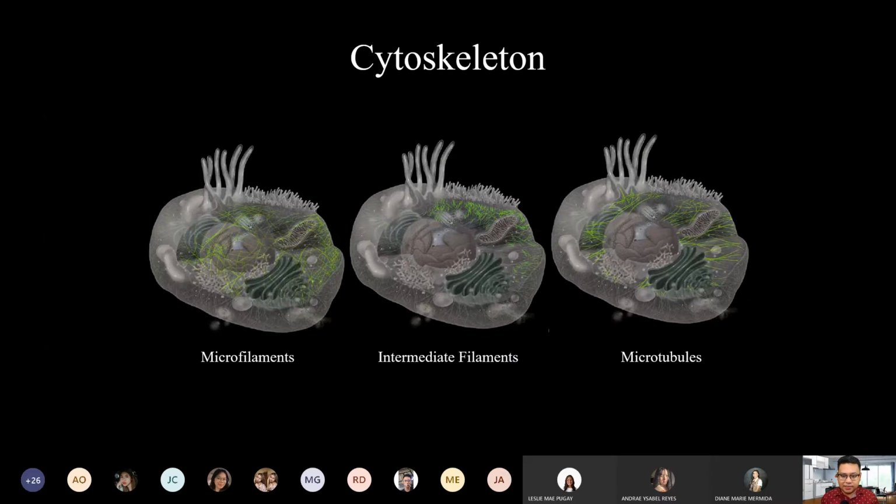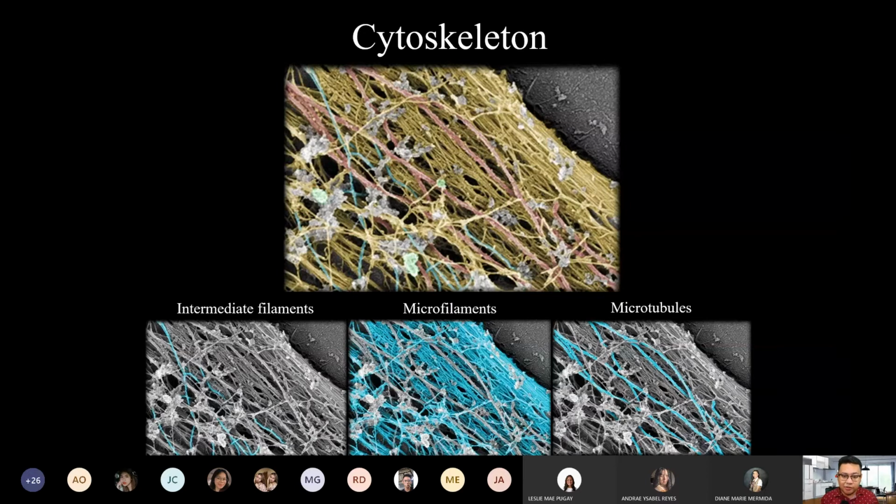Okay, so this is the structure of our cytoskeleton. We have our microfilaments which surround the cell, intermediate filaments, and microtubules. Since microtubules are the largest, makikita nyo, mas thick yung kanilang lines. So this is another electron microscopy of your cytoskeleton.